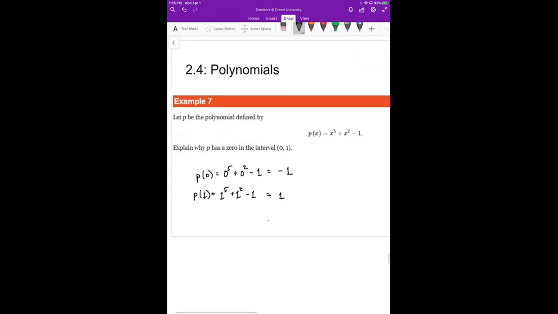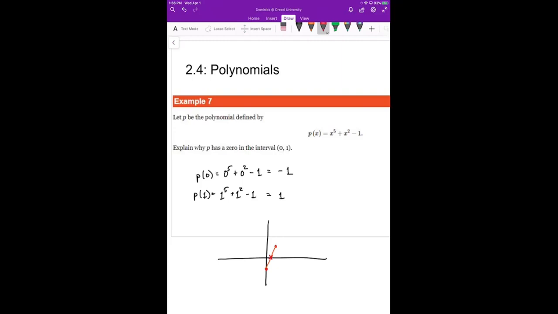So in a graphical sense, when x is 0, we get -1. When x is 1, p is positive 1. Now, polynomials are continuous. So those two points have to be connected by a curve, right? And if that happens, that means that you have to cross over 0 at some point.